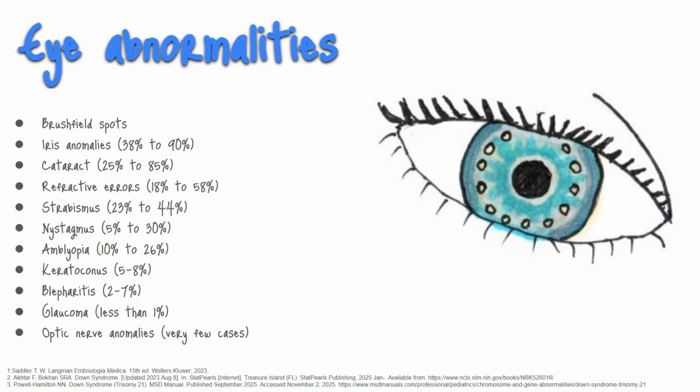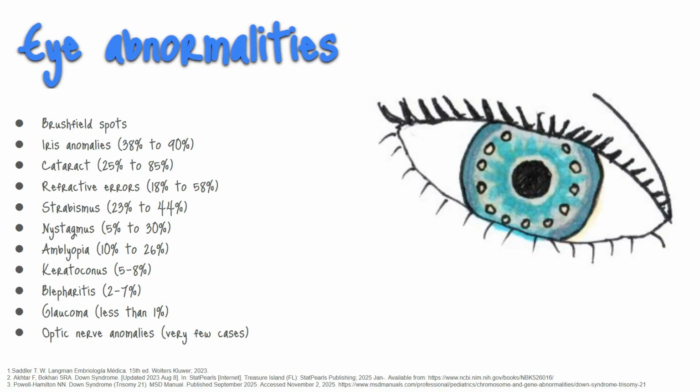Strabismus in 23 to 44%. These are eyes that aren't aligned properly in the same direction. And nystagmus, 5 to 30%. This is an involuntary rapid movement of the eye. We also have amblyopia in 10 to 26%, which is a lazy eye.